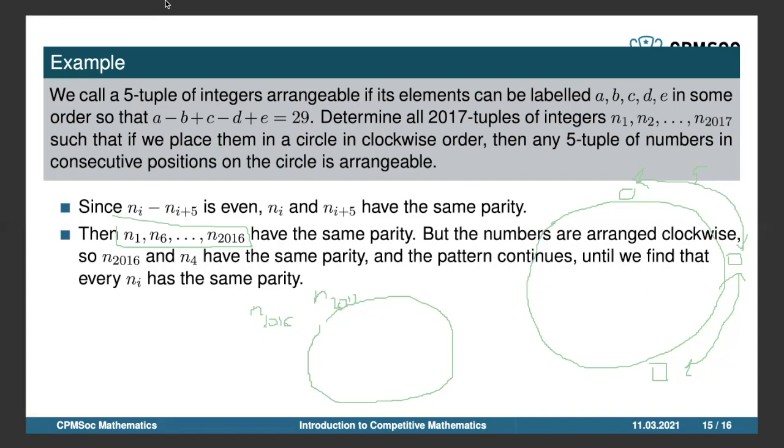So 2017 was the last number here, and if you go clockwise again, we'll go back to n1. And if you go 5 steps clockwise of n2016, we'll get to n4.